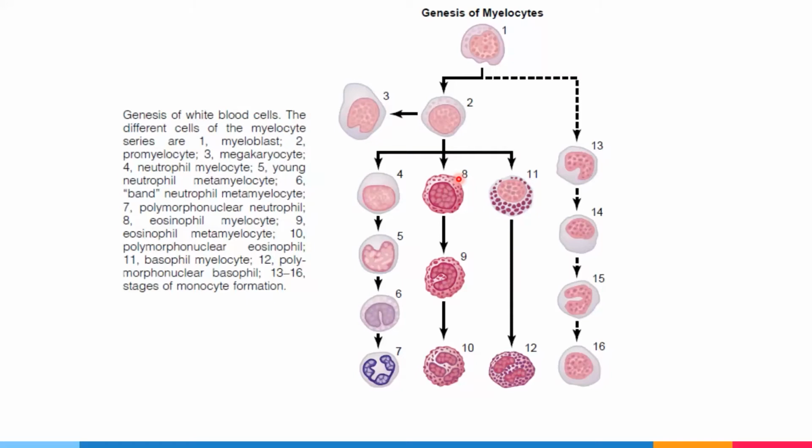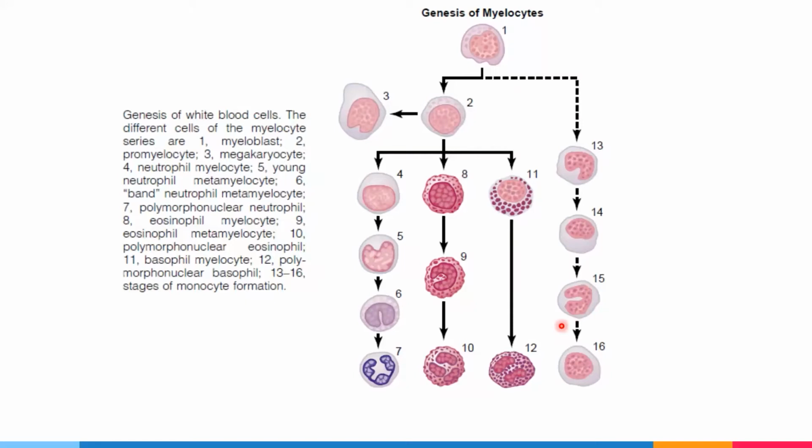The eosinophil myelocyte, after successive divisions, gives rise to the eosinophil, and the basophil myelocyte, after successive divisions, gives rise to the basophil. And finally, on the right hand side, this lineage is the monocyte lineage that finally forms the monocyte, which are essentially immature macrophages.